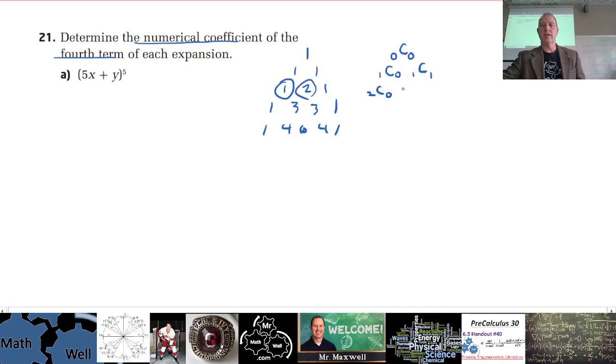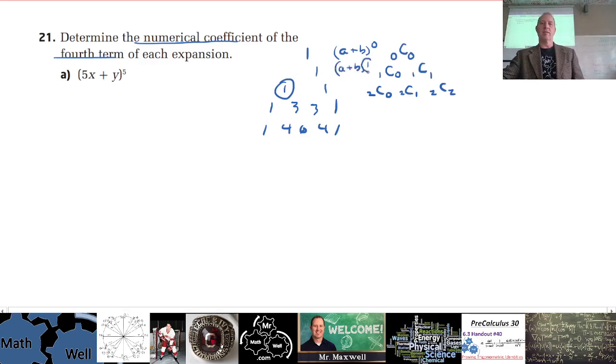Then this number is 2 choose 1, and 2 choose 2. And so on. So in the 5th one, notice that the second row starts with a 1, the third row starts with a 2. So in the expansion, this is a plus b to the 0, this is a plus b to the 1, and so on.